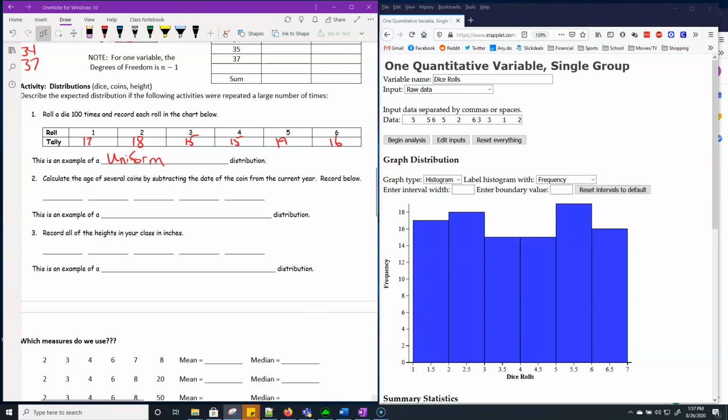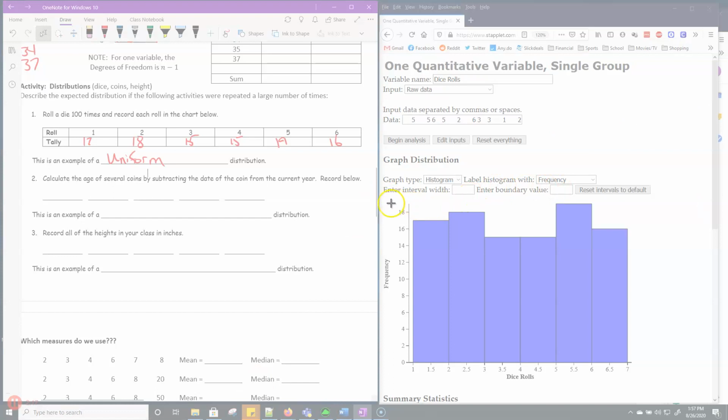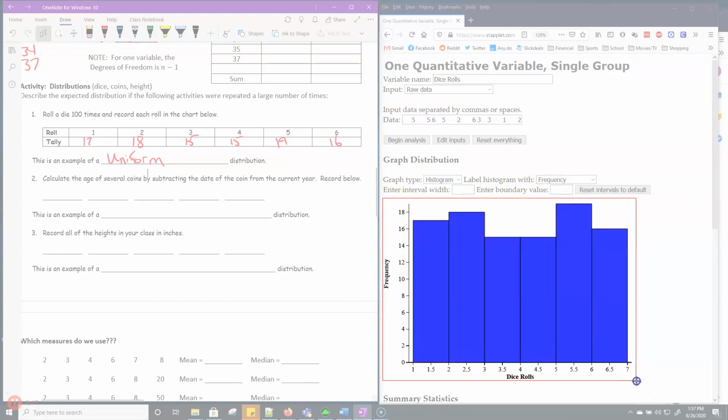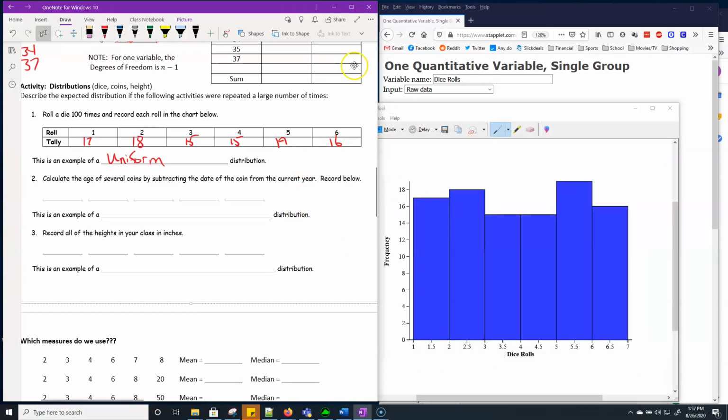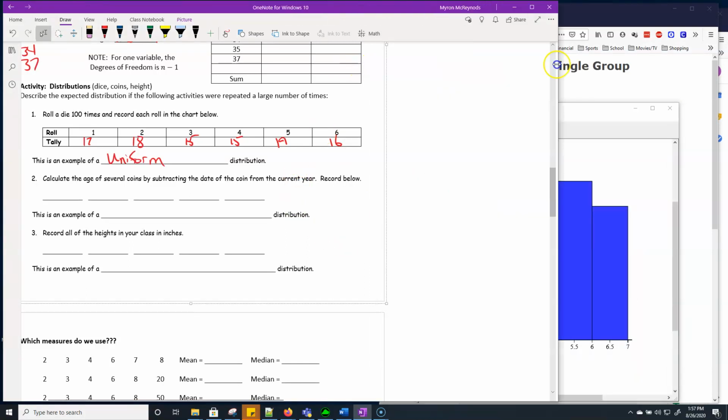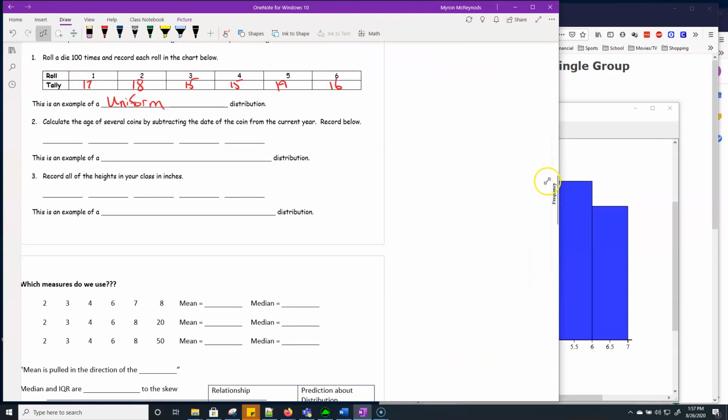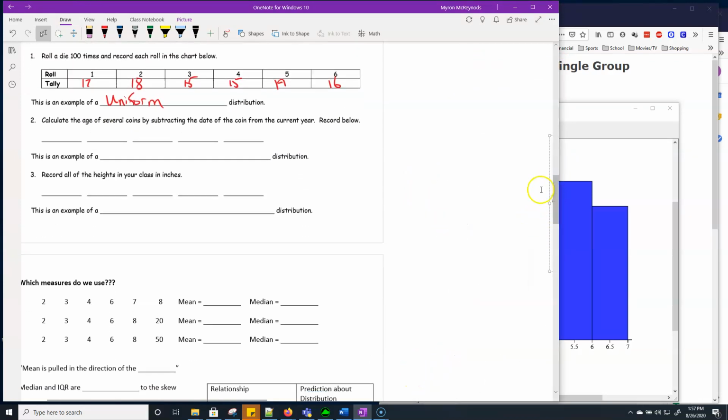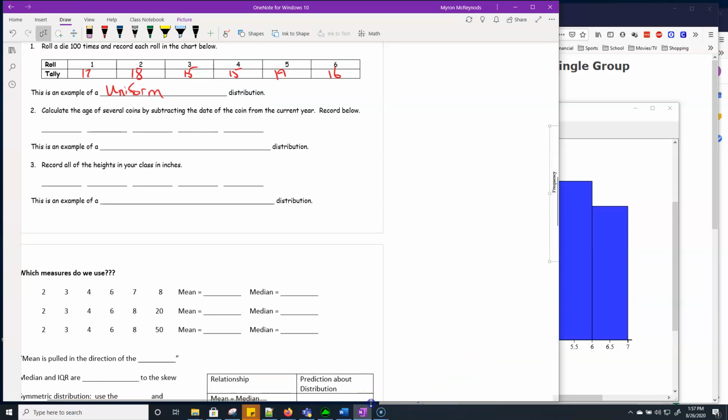And what would be good to do is to draw a little picture of the graph to get a feel for what a uniform distribution looks like. So I'm going to copy that. And they don't really give you much room on this sheet to do it, so just draw a little bitty picture of your graph.